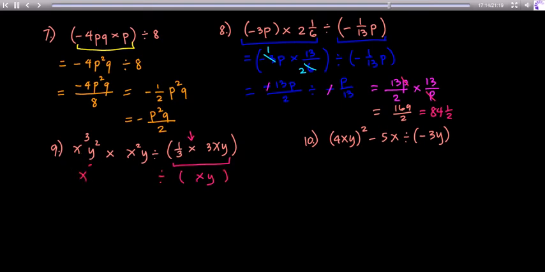The given is, let's copy it first: x cubed y squared times x squared y divided by xy. Let's combine it first and make it into a fractional form. x cubed y squared times x squared y: we'll just add the exponents 3 and 2, so we're having x exponent of 5 and y exponent of 3, all over xy.